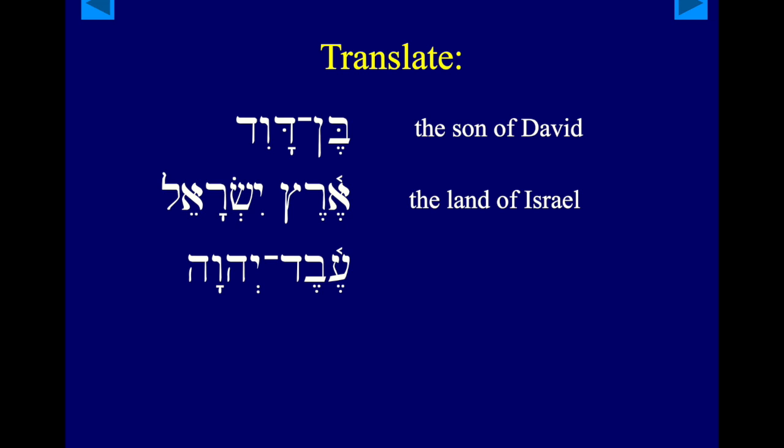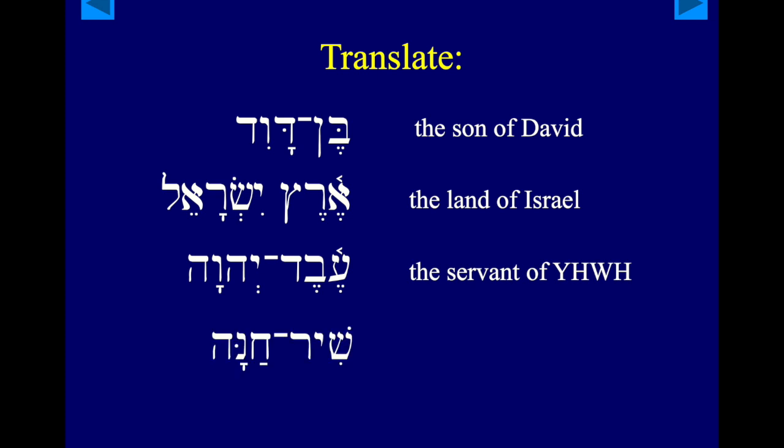Or Eved Yahweh. Eved means servant. So Eved Yahweh means a servant of Yahweh, or the servant of Yahweh. Or Shir Chana. Shir means song, and Chana is Hannah. The song of Hannah. Shir Chana, which you can find in 1 Samuel chapter 2.